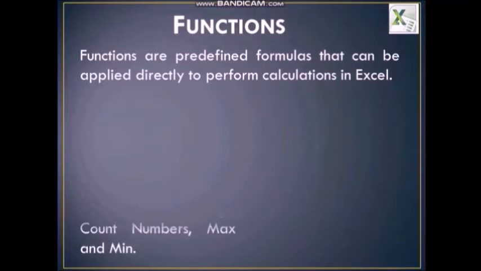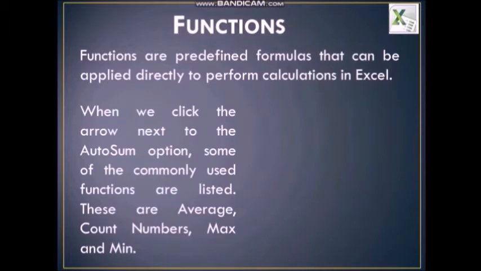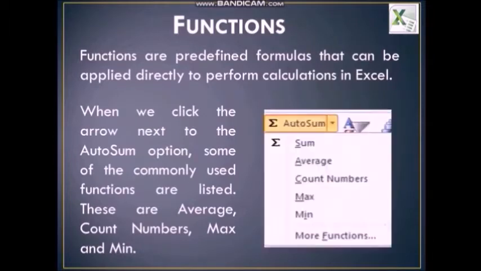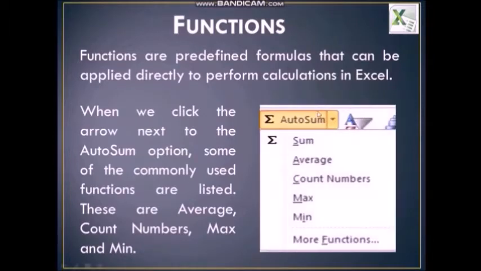When we click the arrow next to the AutoSum option, some of the commonly used functions are listed. These are average, count numbers, max and min. As you can see in the AutoSum menu, you can click on that arrow, and as you click on that arrow, the functions will come and you can use any of them.